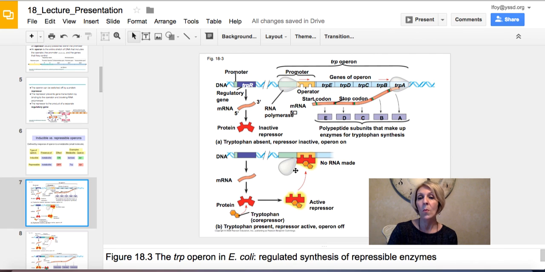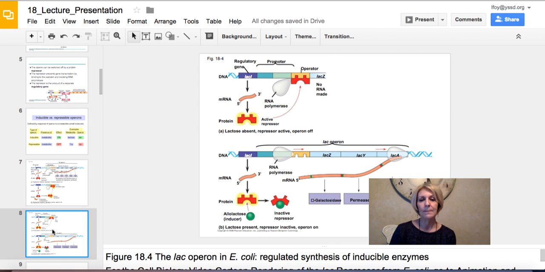So no more of these structural enzymes are going to be made because the cell has enough. If the amount of tryptophan goes down, these proteins will not have the co-repressor, and they will fall into the inactive position, and then the operon goes back on again.